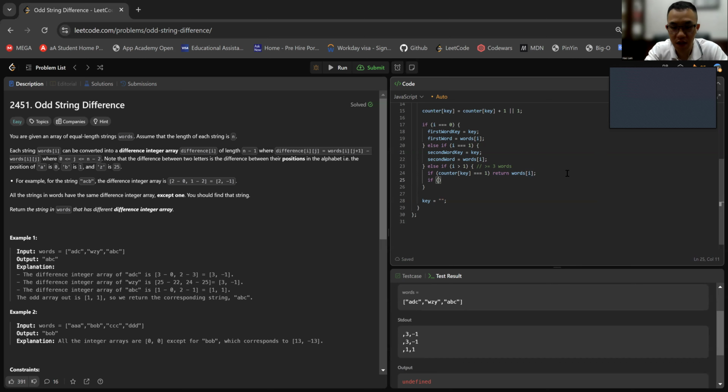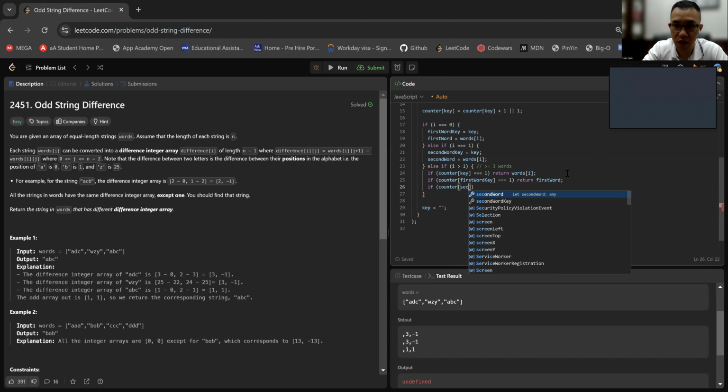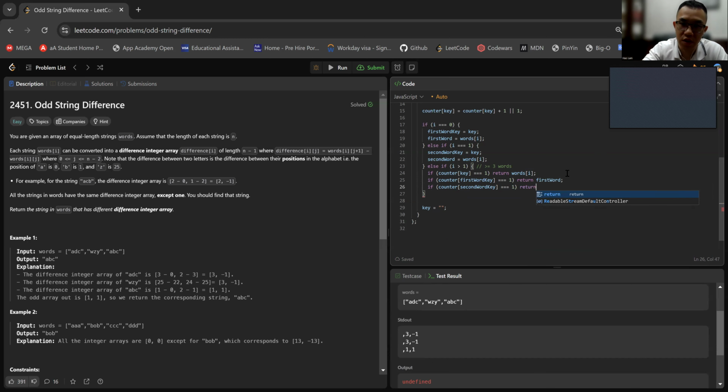Or in other cases, if the counter of the first word key is equal to one, we will return the first word. If the counter of the second word key is equal to one, we will return the second word.